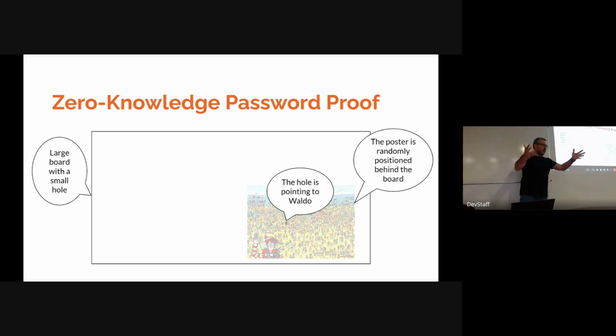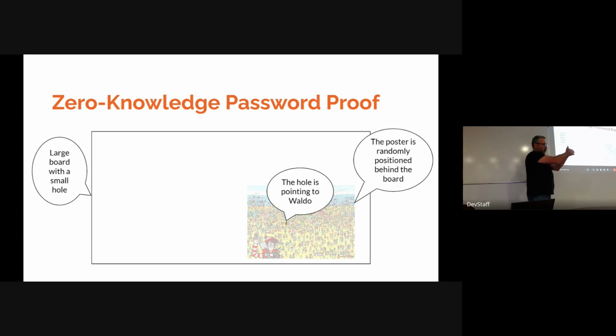Again, you come to my house and you have to provide proof that you know Waldo. From my point of view, I also know Waldo through the verification function. So you bring a large whiteboard that has a pinhole somewhere. You put the illustration down and put the large board on top of it.